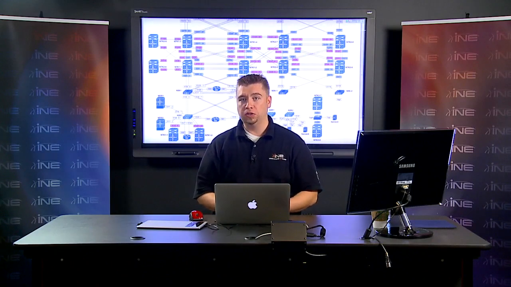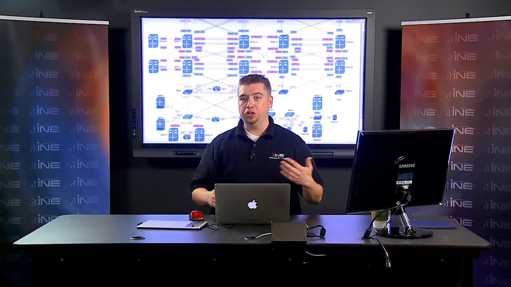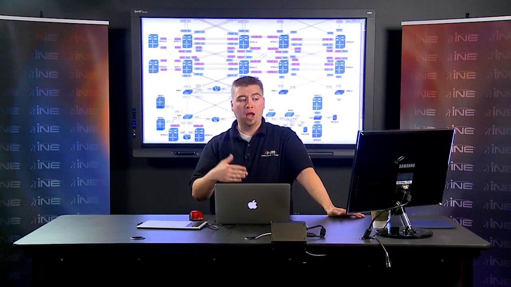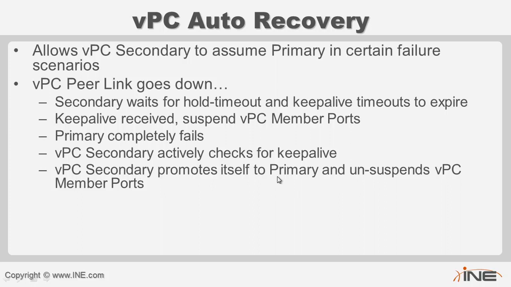It's going to keep those in the down state. But in this corner case where the vPC secondary is continuing to check for the keep alive, and the keep alive is then not received from the primary, so the primary completely fails, the vPC secondary can promote itself to the primary and unsuspend the vPC member ports.